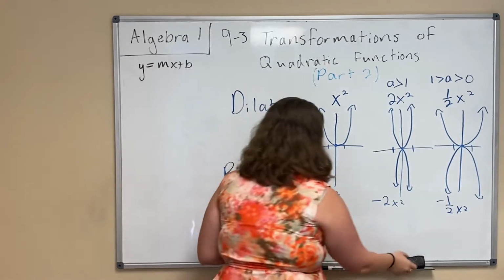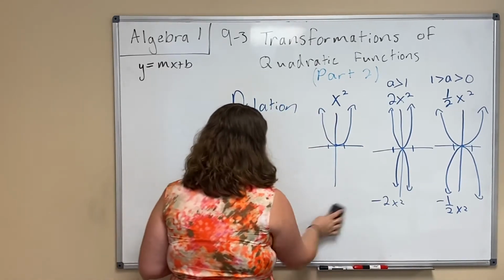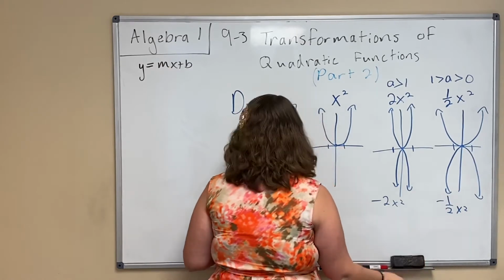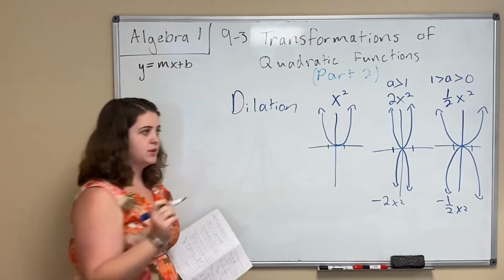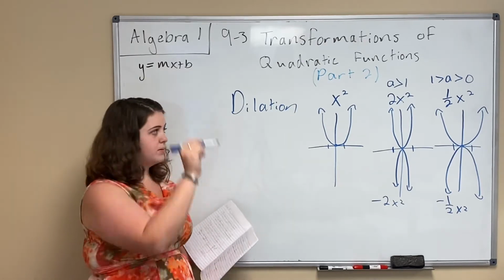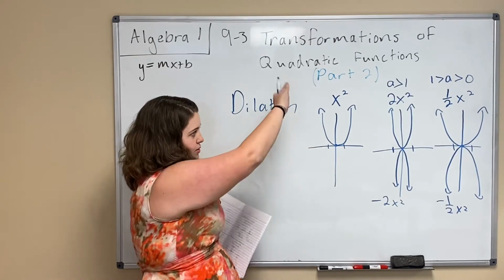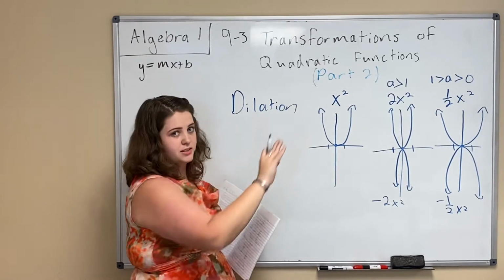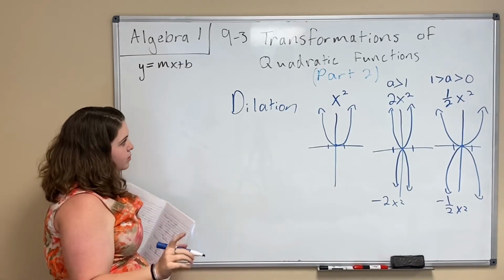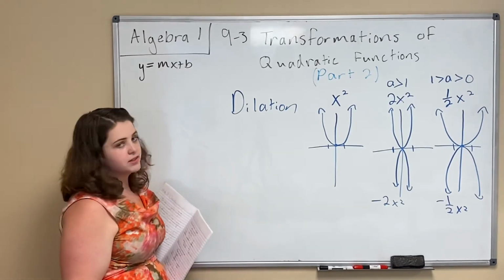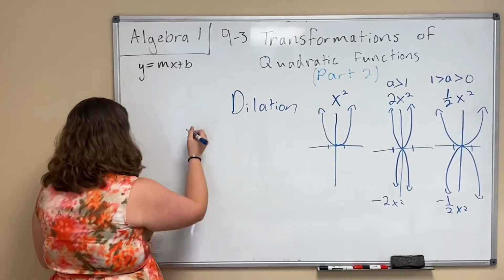All right, one last thing before we move on to your homework, and that is, so we've learned all of these pieces, how to move it side to side, up and down, make it wider, skinnier, and whether we need to flip its direction. The way that we write all of this to describe this process is called vertex form.